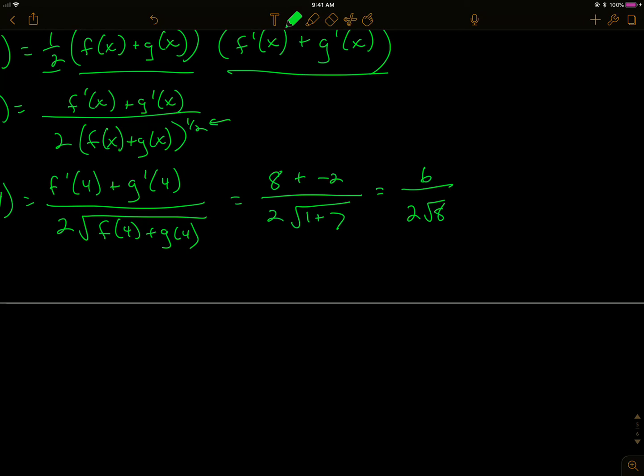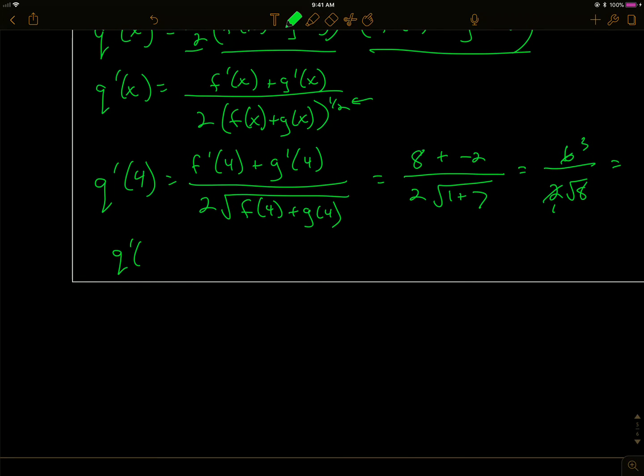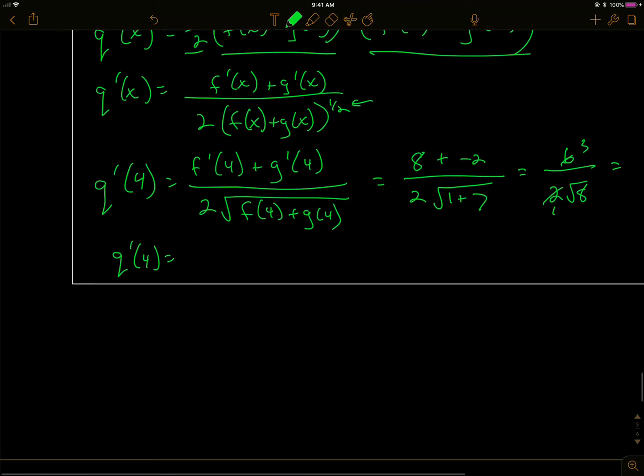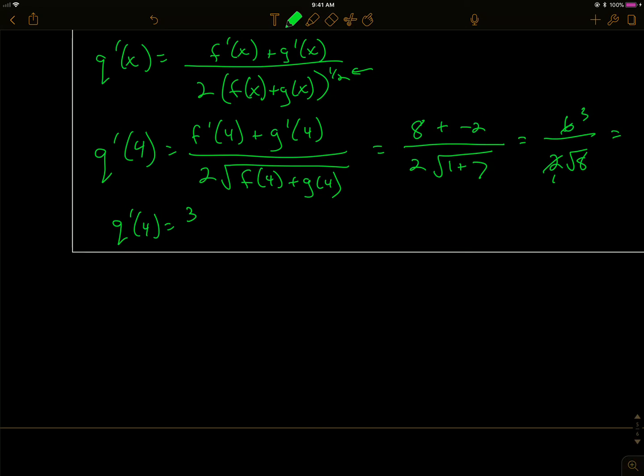So we can simplify that to 3 over root 8. I'm not going to make you rationalize. We can just kind of stay there. That is our value. So q prime of 4 is equal to 3 over root 8.